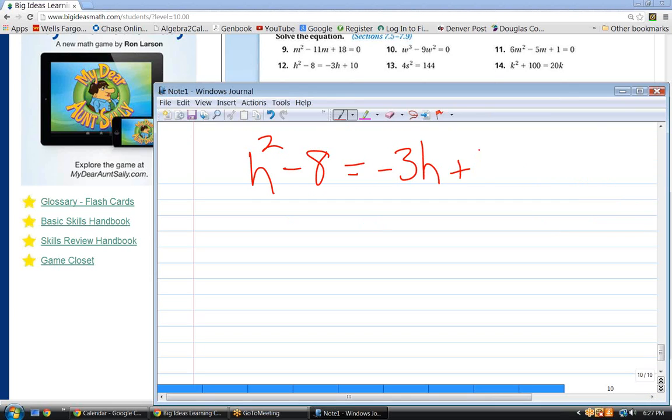What is this that we're looking at here? I have no idea. It's quadratic. Right? It's got an h squared term, it's got an h term, and it's got two numbers that we can combine to get one number. How do we solve quadratics? Factor. First, we put everything on one side and 0 on the other.